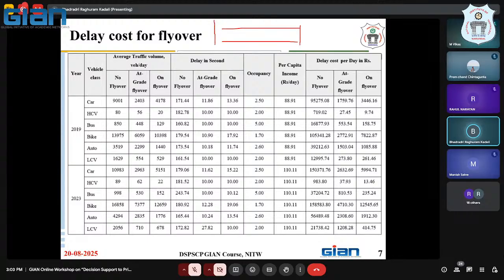At grade also we know the starting and ending points. Let us assume that if you travel at 60 kmph, that might be your actual travel time, so then you are expecting zero delay.